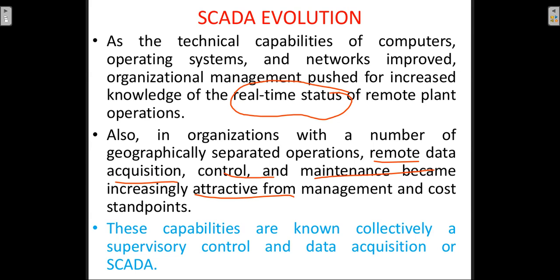At the same time, the ease of control should come at lesser cost. That's where your cost standpoint comes into the picture. So all these capabilities, getting the real-time data, remote data acquisition, control, maintenance, are collectively known as supervisory control and data acquisition.